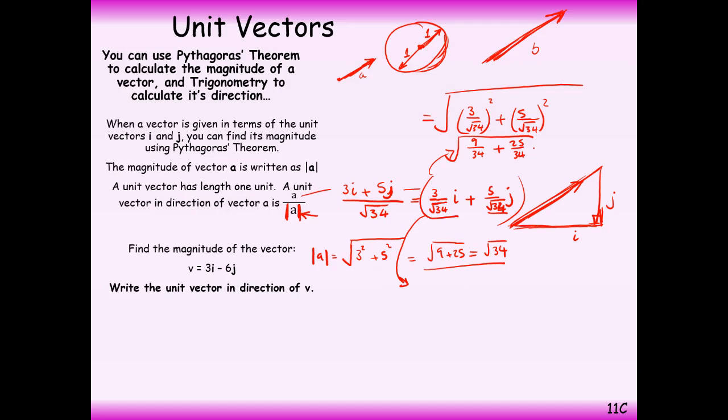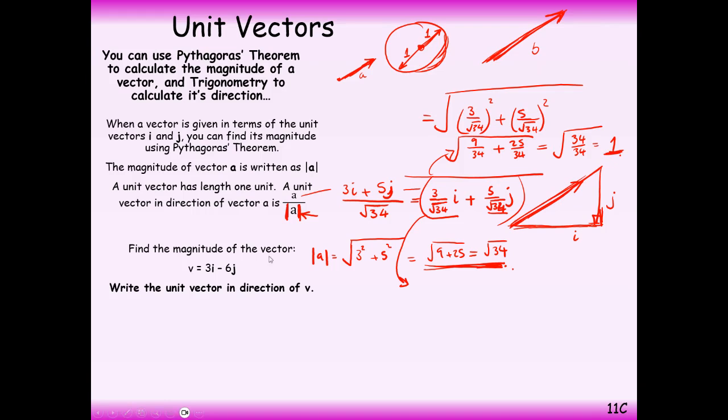What's 9 plus 25? It's 34, so you get 34 over 34. The square root of 1 is still 1. Once you've divided by the magnitude of the vector, that makes sure that the length of the vector becomes 1.